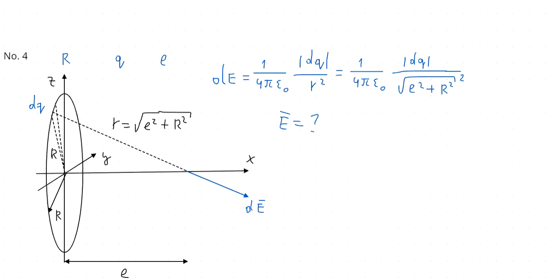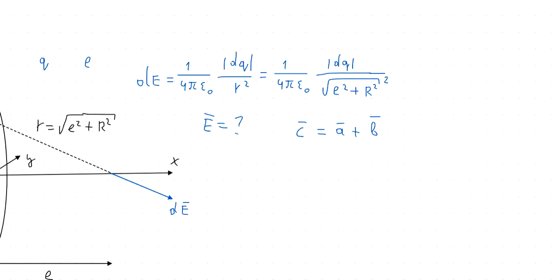It means that if we have two vectors, for example, vector C is equal to vector A plus vector B, it doesn't mean that C is equal to A plus B. So we cannot make this conclusion.